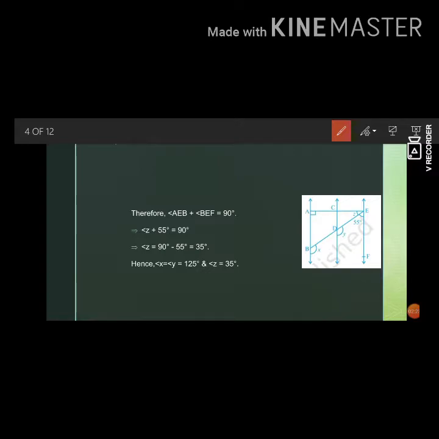That means this angle is 90 degrees. So substituting the values of the given angles and finding Z, we get Z is equal to 90 degrees minus 55 degrees, that is 35 degrees. So hence angles X and Y are equal to 125 degrees and angle Z is equal to 35 degrees.